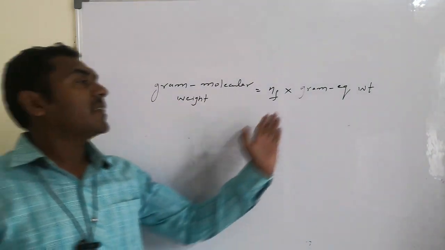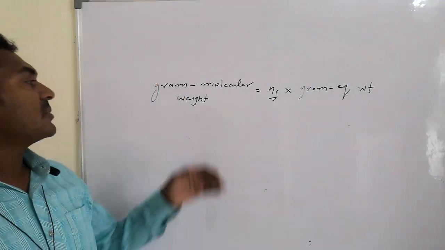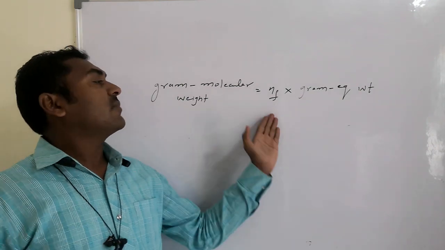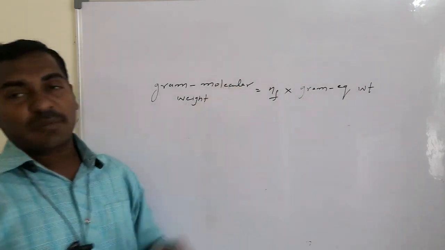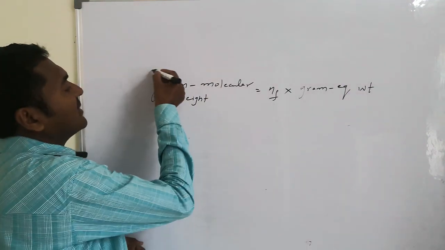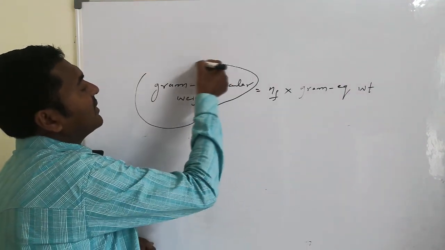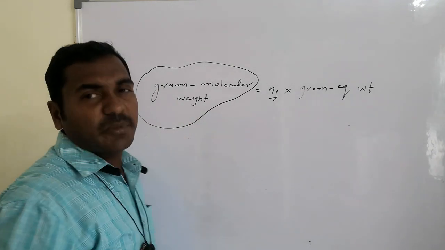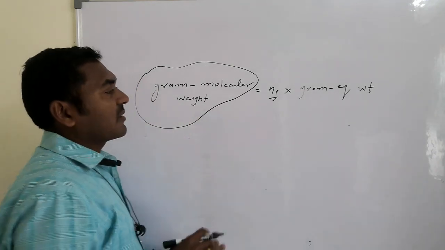So in general, gram equivalent weight will be smaller compared to the gram molecular weight by a multiple of n factor. N factor times gram equivalent weight becomes equal to gram molecular weight. As we said, gram molecular weight is the weight of Avogadro number of molecules. If it is expressed in grams, it is said to be what? Its corresponding gram molecular weight.